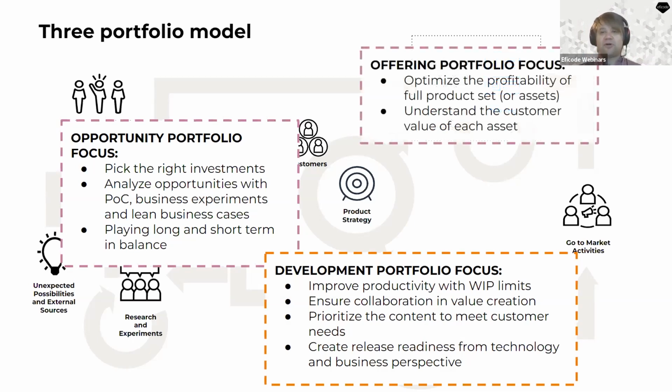And then on the offering portfolio, focusing on the optimization of the profitability, and understanding the customer value of the assets, that hey, is this still valuable, or should we actually kill it or replace it with a new product or something like that.